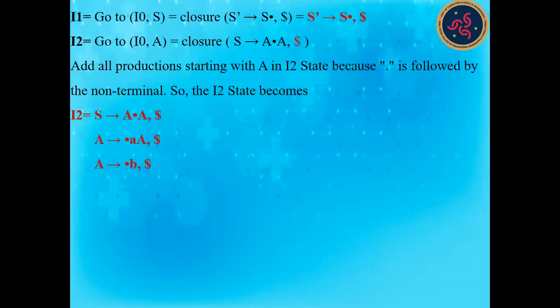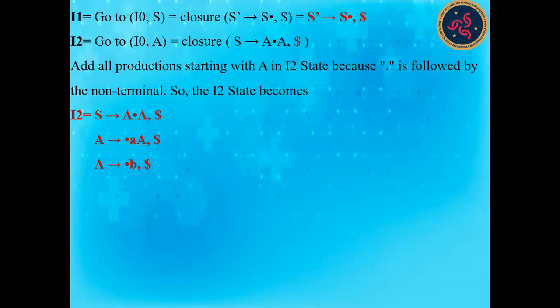Okay, so for the state I1, we have to use the goTo function. If we get a symbol S at the state I0, we need to apply the closure of S prime gives S dot, that is S dot comma dollar symbol. This will be the final item. That is, I can have I1 as a production.